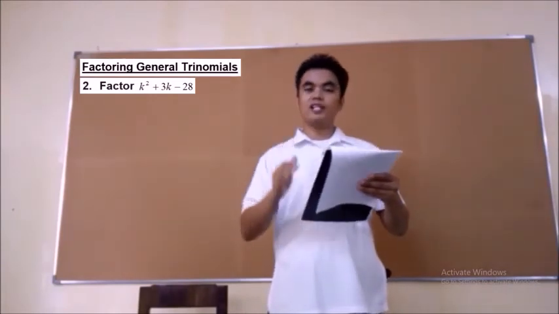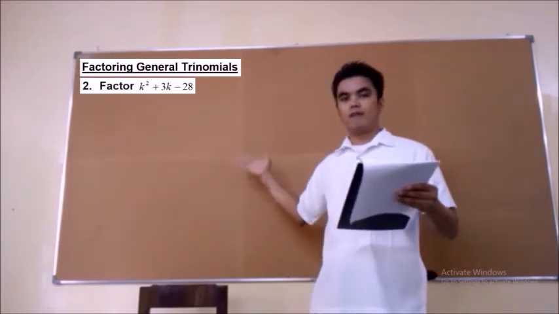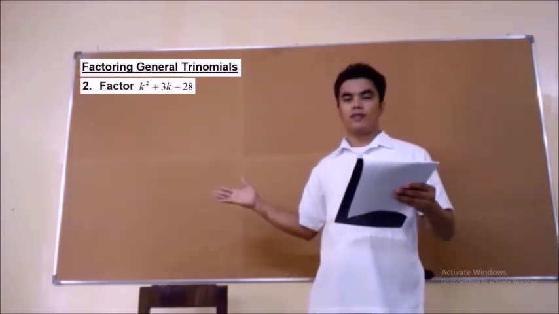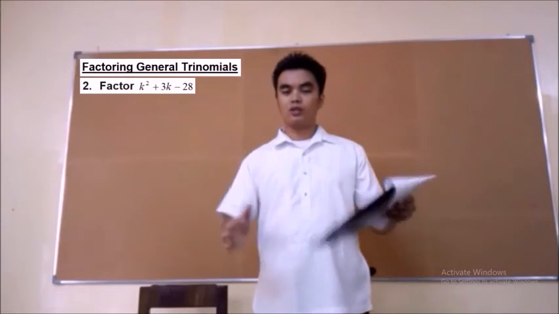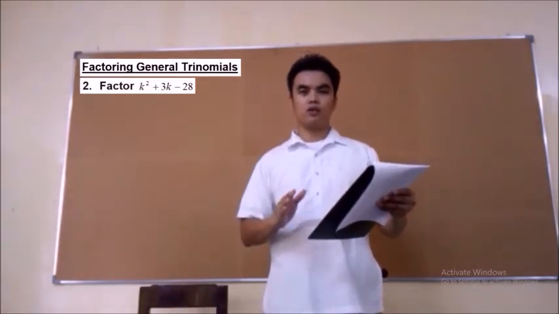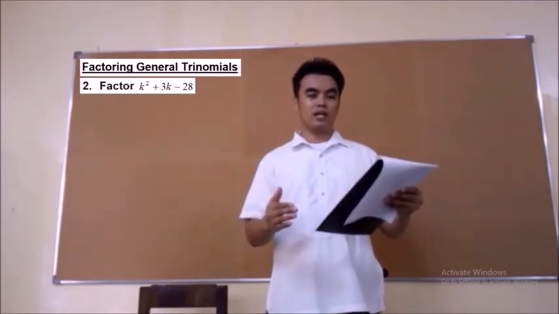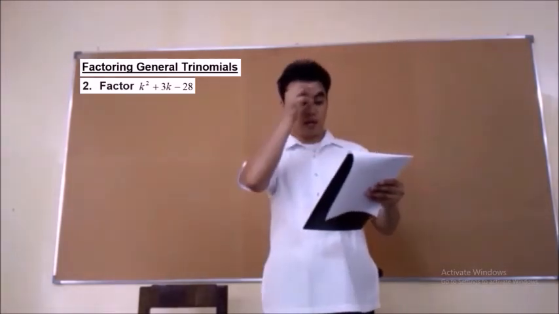Now, the first thing na dapat natin gawin, since we found out that this is not a perfect square trinomial, at hindi natin pwedeng gamitin yung method to factor a perfect square trinomial. So, we will use our knowledge in factoring general trinomials.